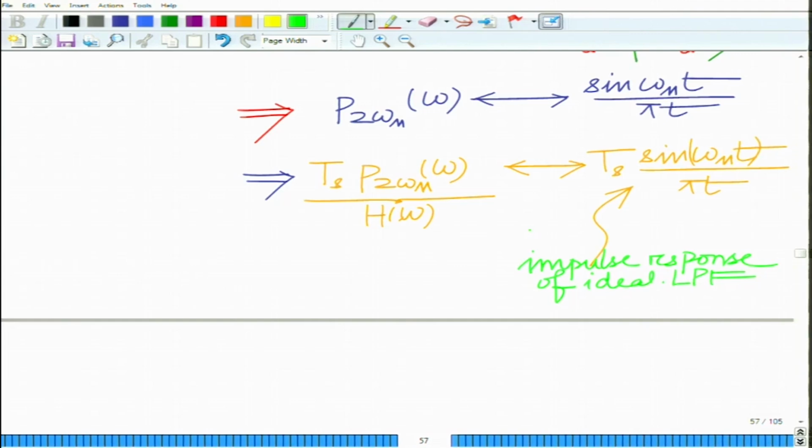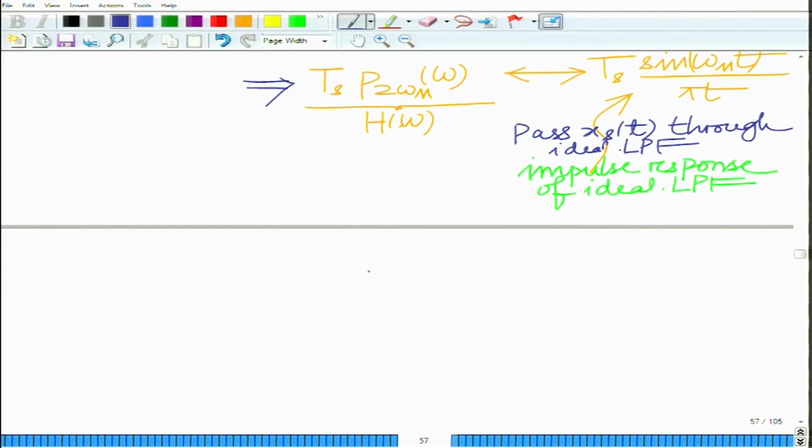So, you pass x s of t through the ideal low pass filter, with cutoff frequency given by omega m, and gain is Ts, to invert the factor 1 over Ts.